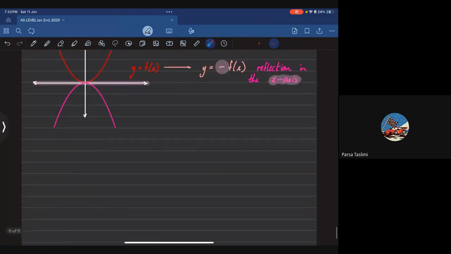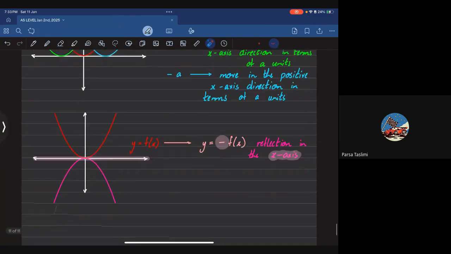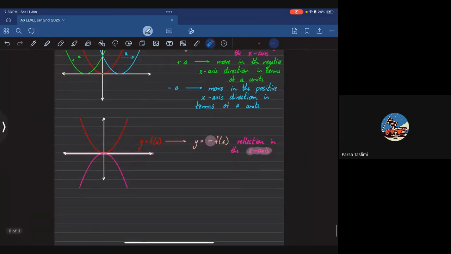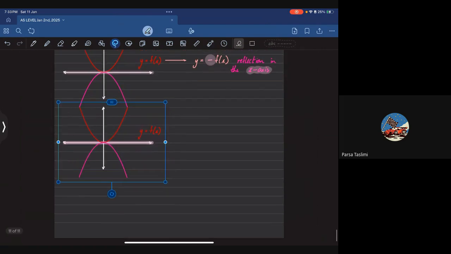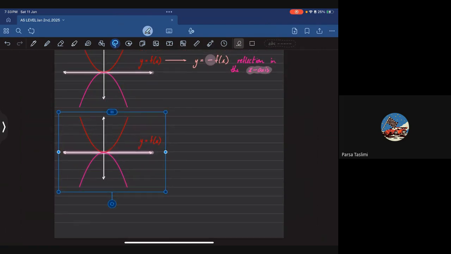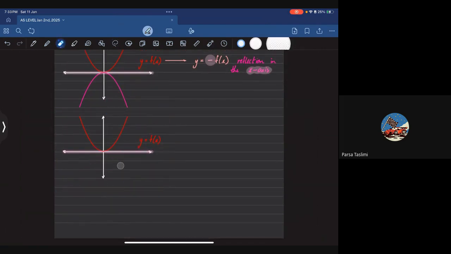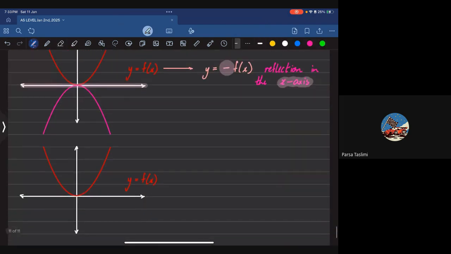Now moving on, a similar reflection is going to be, let's just take this one. Now what happens if something is subtracting with x alone? y is equal to f of minus x. What if that happens?